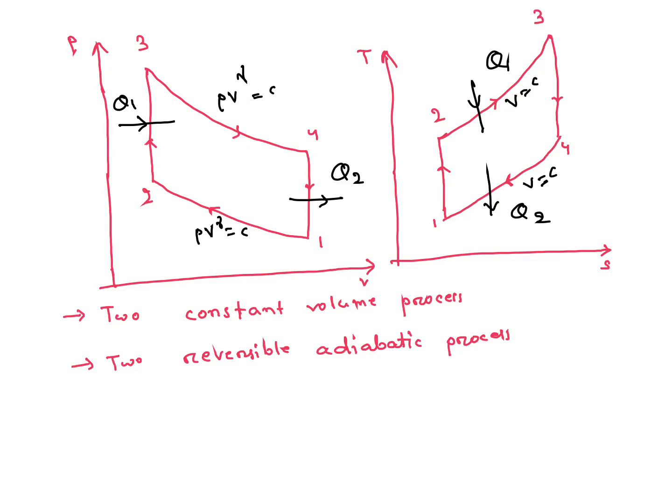Sometimes they will give a PV diagram and in 4 options they will give the TS diagram. You have to choose the correct option from the TS diagram. So both PV and TS diagrams you have to remember. It has constant volume heat addition and constant volume heat rejection, two reversible constant volume processes and two reversible adiabatic processes. That thing also you have to remember.